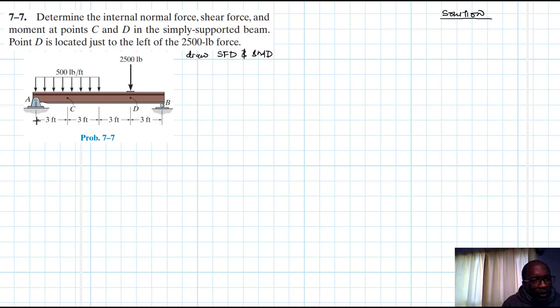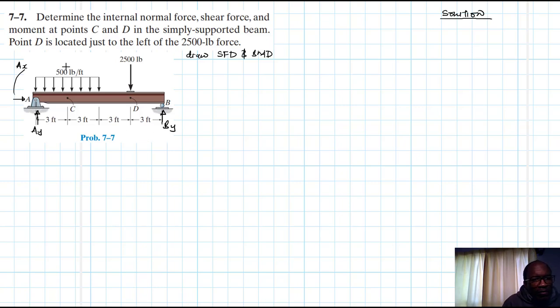Okay, so at the hinge A, we expect the reaction forces AY and AX. Then at the roller B, we expect BY.